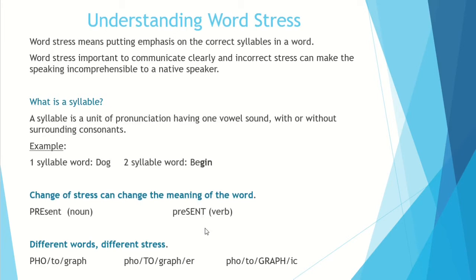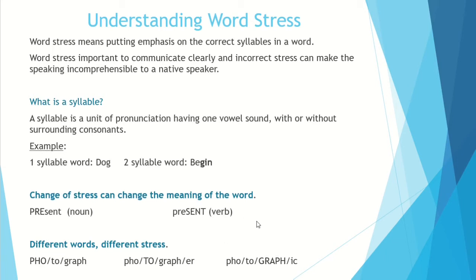Different words can have different stress and it can be a bit confusing. For example, if you see photograph, photographer and photographic, all these three words have different stress. So the photograph has the stress on the first syllable, whereas photographer has stress on the second, whereas photographic has stress on the second last syllable.